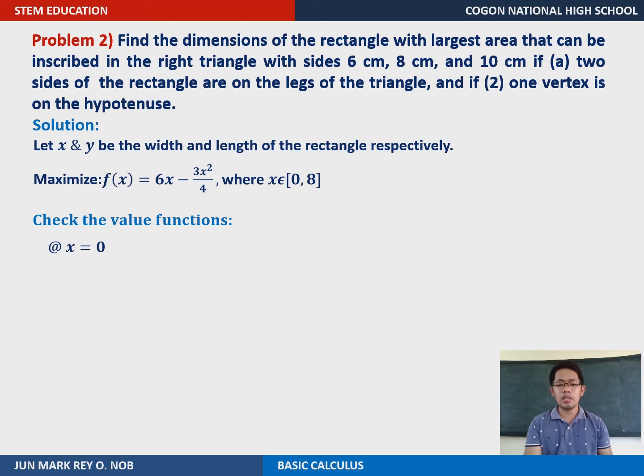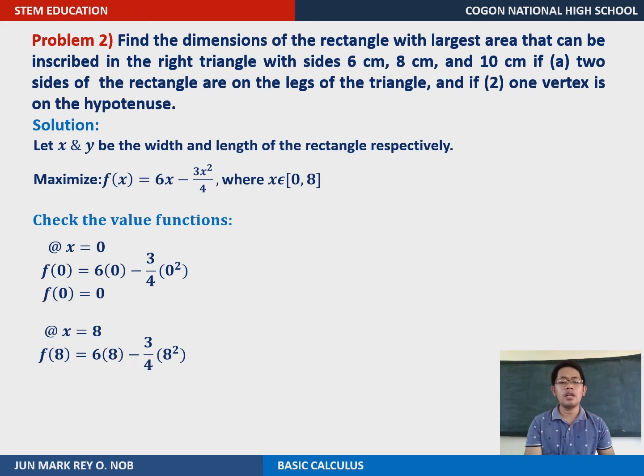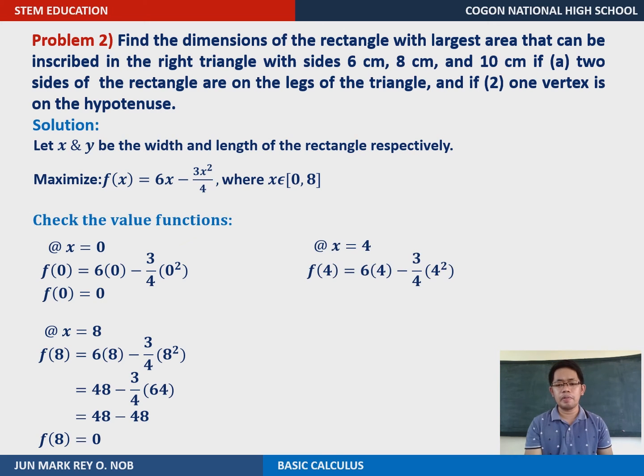So based on the lower limit of the closed and bounded interval, the area is 0. And based on the upper limit of the closed interval, x equal to 8, the area is also 0. What about the critical point, x equal to 4? 24 minus 12 is simply 12.